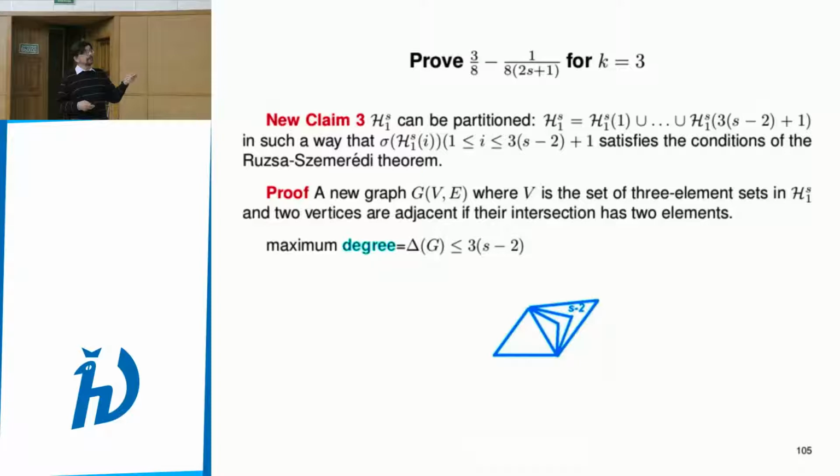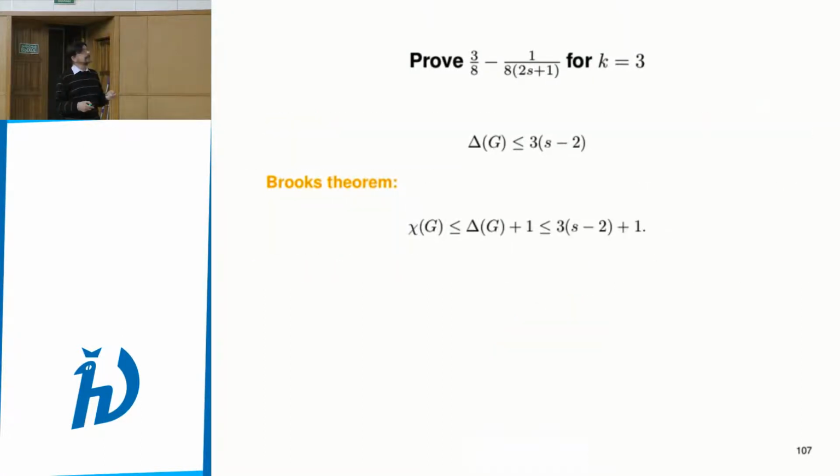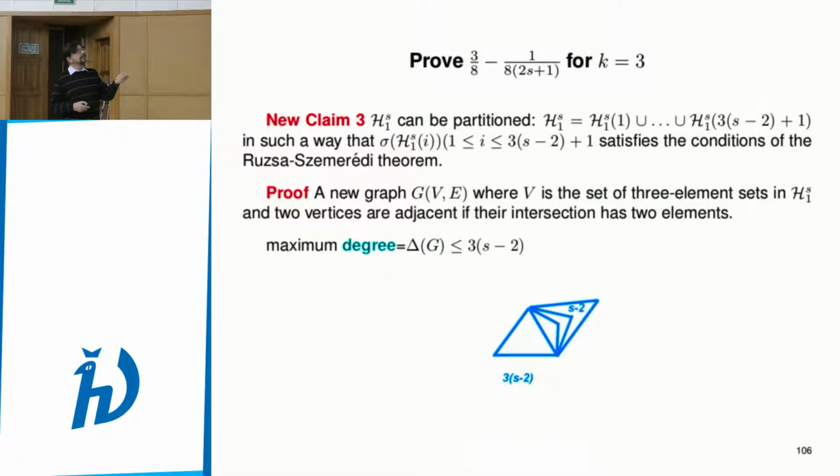I think 3 is the correct one, but if we write 2, it's still true. So it's not incorrect if I made a mistake here. So how many neighbors can we have? 3 times s minus, probably 3, not 2.